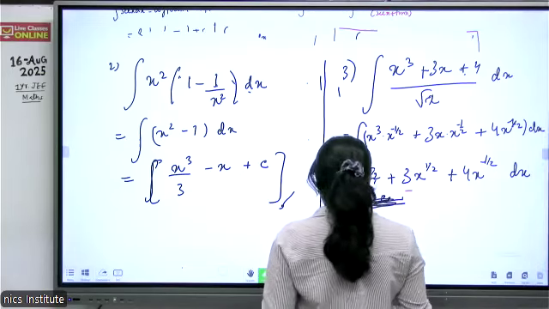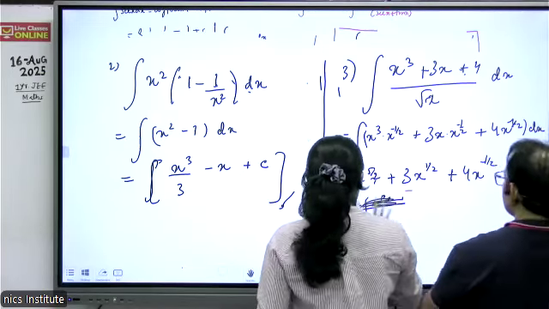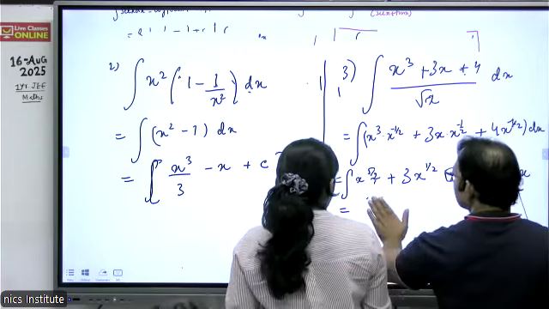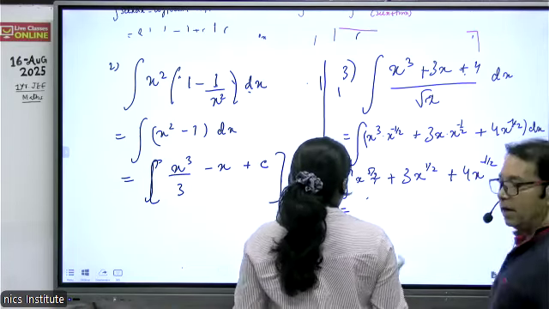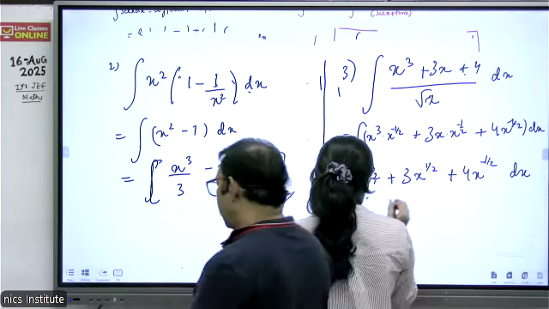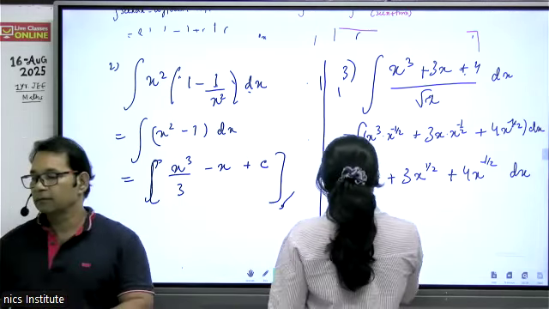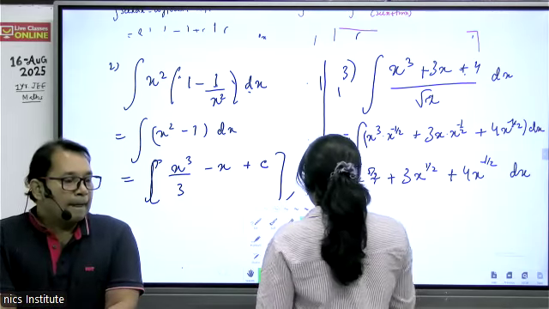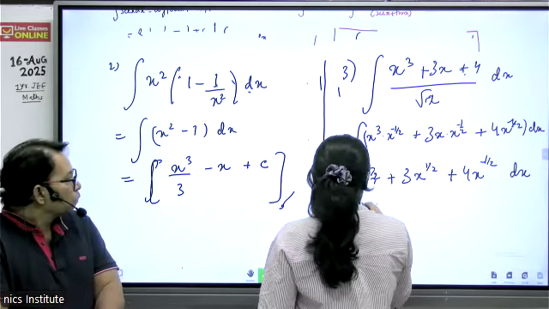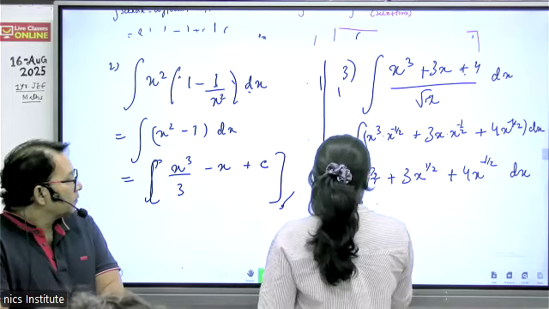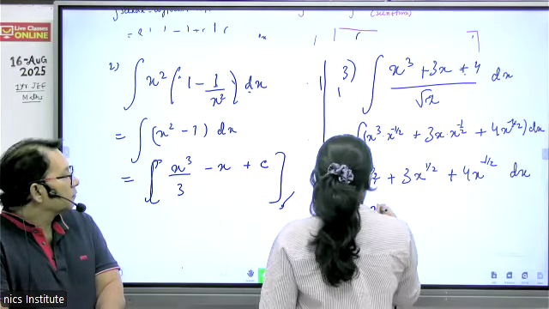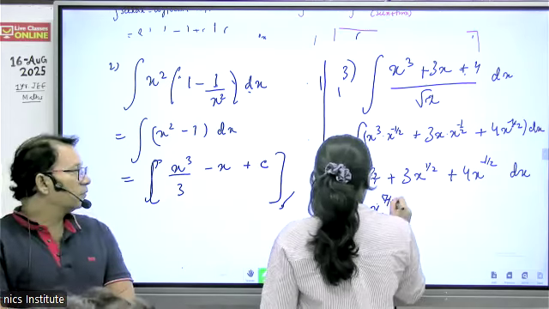A minus B whole cube is A cube minus B cube minus 3AB into A minus B. Seven by two.